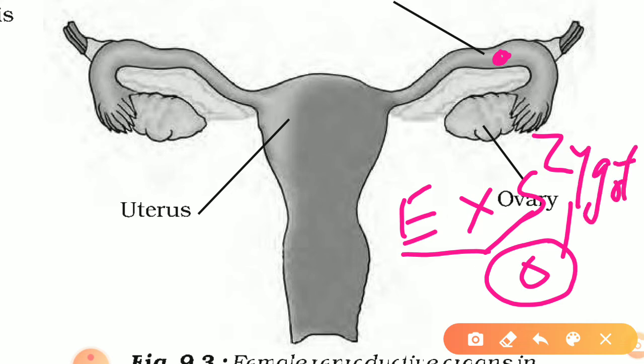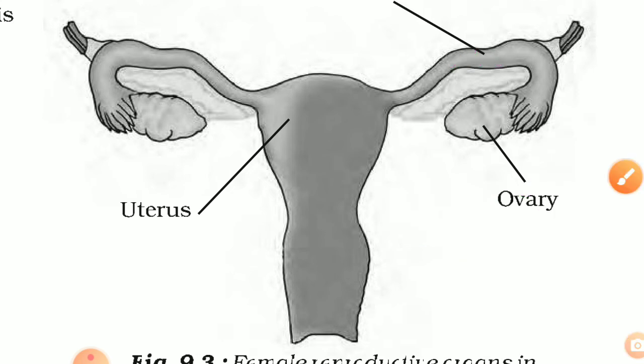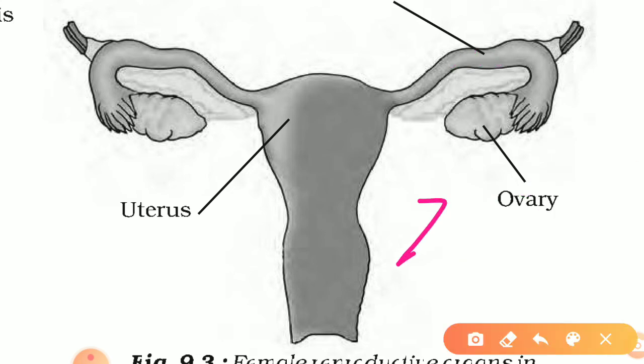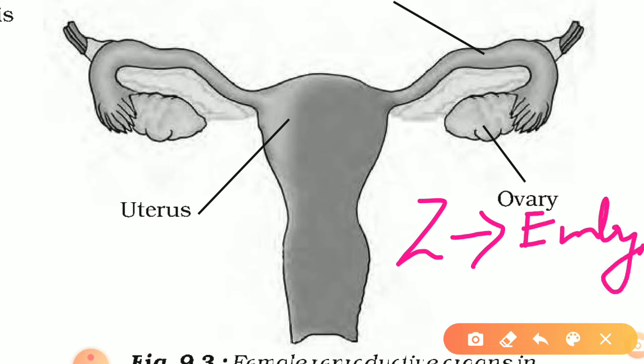So if it is asked how a zygote is formed, what will you write? A zygote is formed by the fusion of egg and sperm. And it is a single cell structure. One cell structure होता है ये. Then the zygote starts dividing and forms a multicellular structure. When it forms a multicellular structure, then first the zygote was there, and now it is known as embryo. What is it called? It is called embryo.